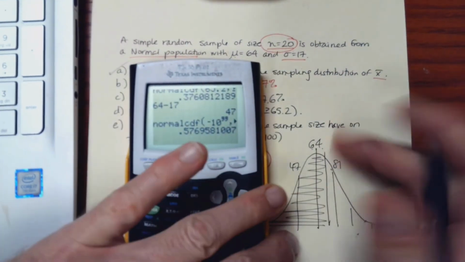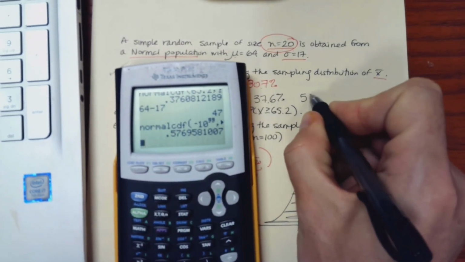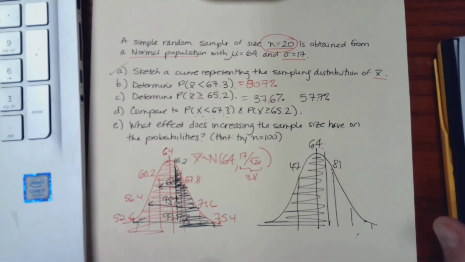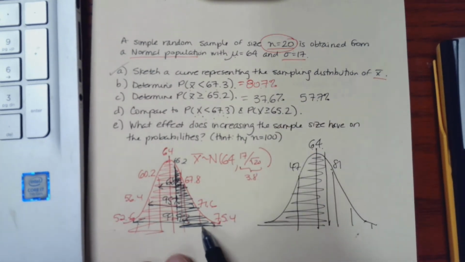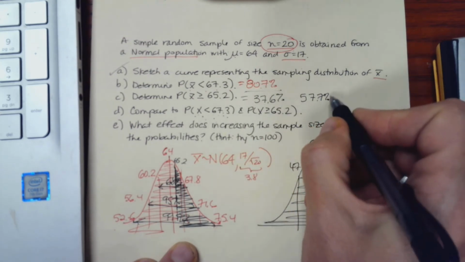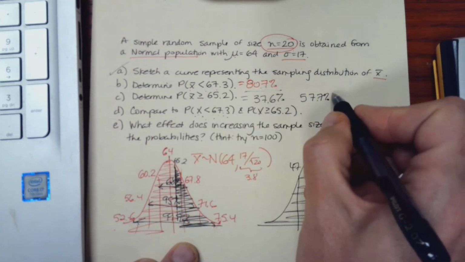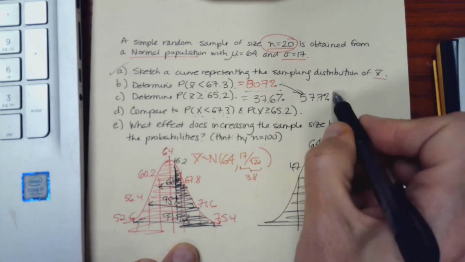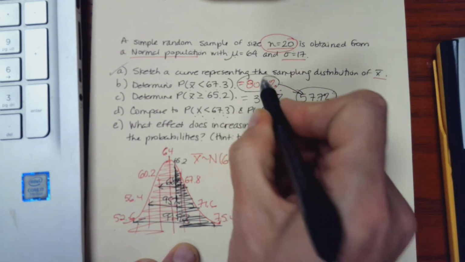So that is 57.7%. Now that's compared to in the previous question where it was 80.7%. So this is quite a bit. This is in the population, and this is in the sampling distribution.